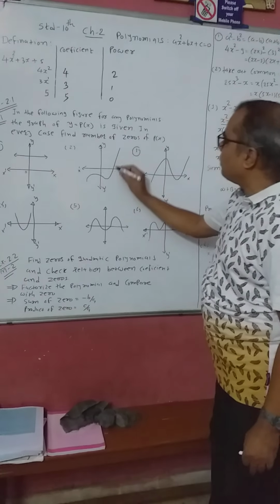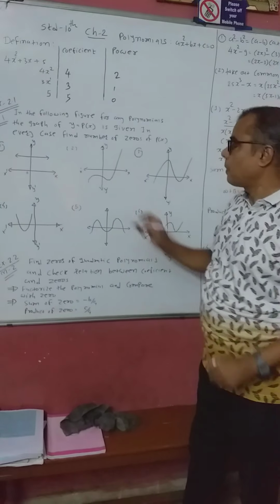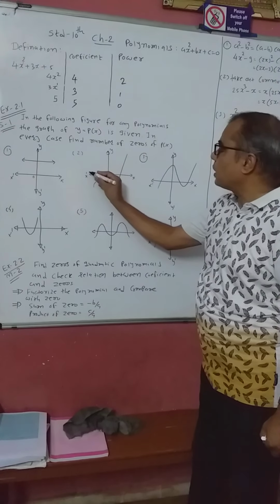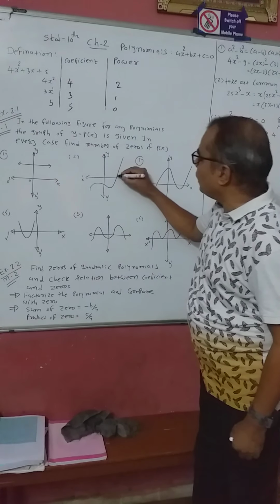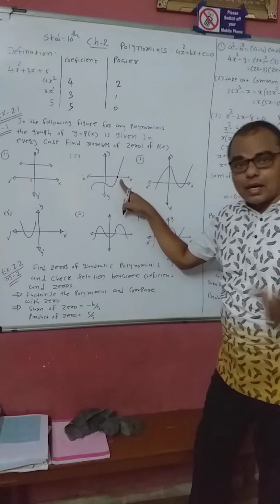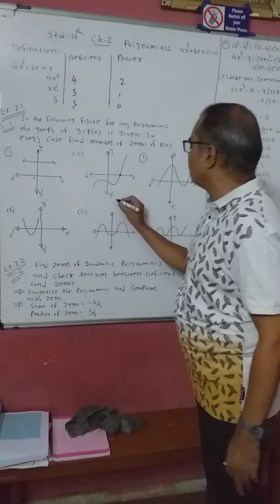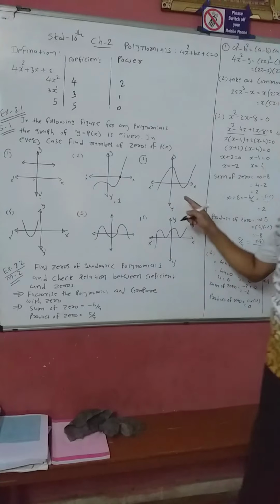This is a curve, a parabola. This curve intersects the x-axis in only one point. Only one point, which I have marked here. So it means it has 1 zero. How many zeros? 1. Next.